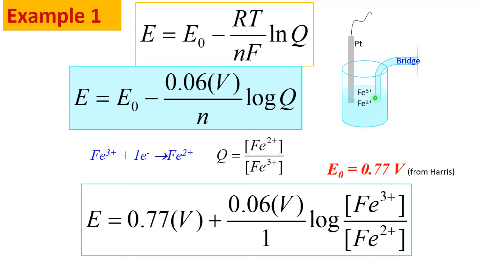Now we write the half reaction in this solution. Fe3 plus ions take one electron to become Fe2 plus ions. The number of electrons N is 1. Q is: above the line, what's at the right side? Below the line, what's at the left side?